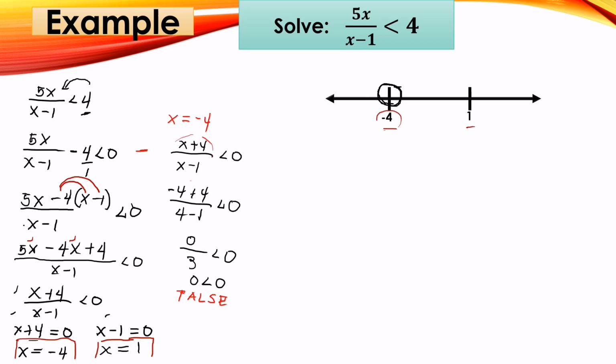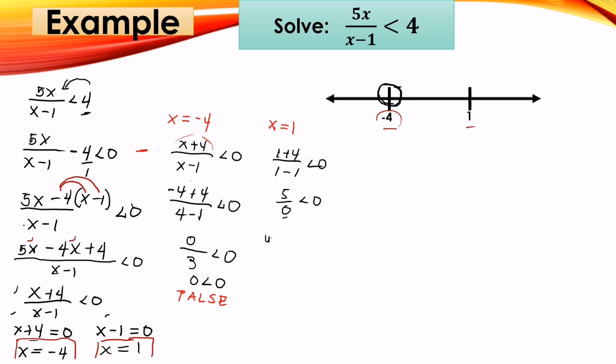How about positive 1? So x is equal to 1. So substitute. So 1 plus 4 over 1 minus 1 is less than 0. So 1 plus 4 is 5 over 0 is less than 0. 5 divided by 0. What have you observed in our denominator? The denominator is 0.